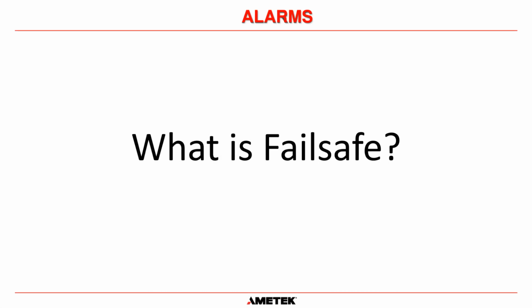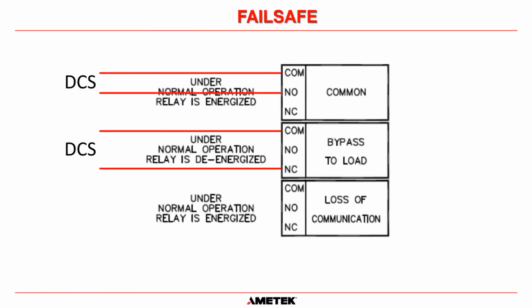So we will bring up our alarm terminal screens again. That means for the common alarm, in normal operation, we want the system to be sending a closed signal to the DCS system. So in normal operation, the relay is energized. Therefore, these states here will be reversed.